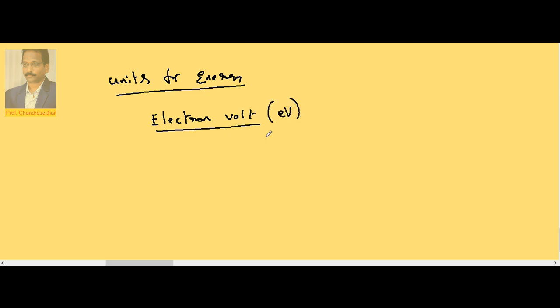It is the energy gained by an electron when it passes through a potential difference of 1 volt. One electron when it passes through 1 volt potential difference, the energy gained is one electron volt. We know that W is equal to VQ, potential difference multiplied by charge moved. So let us say 1 electron through 1 volt. So this is 1 eV.